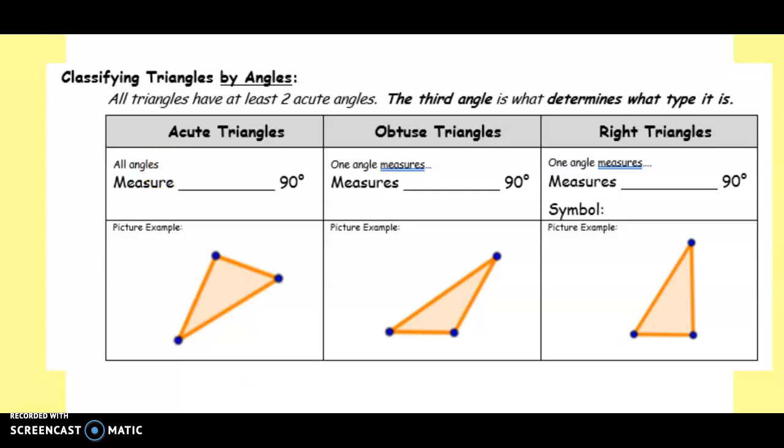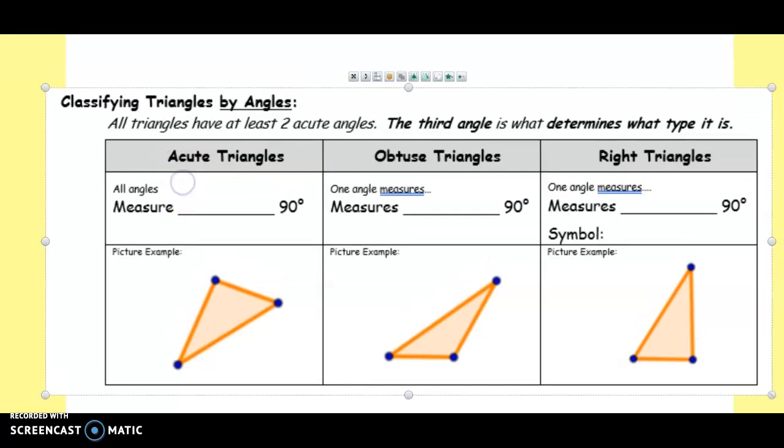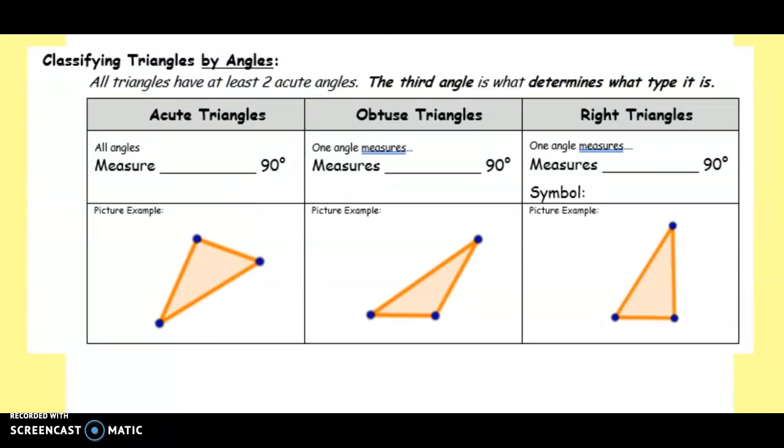In an acute triangle, all of our angles are going to measure less than 90 degrees, since an acute angle is less than 90 degrees. So this could be something like 60, 70, and 50. And angle measurements are found within the angle inside of the triangle traditionally.